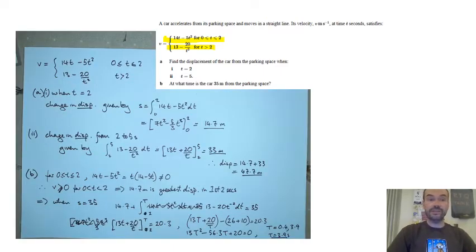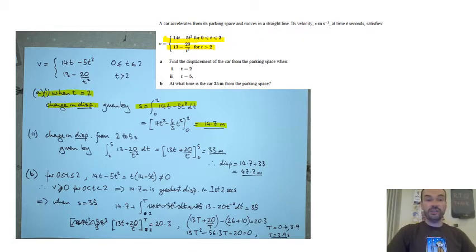So when t is 2, the change in displacement from the starting point will give us the final displacement. Integrate, definite integral, 14.7. Your calculators have a button that will do that for you, whether you've got the Class Wiz or the CG50.